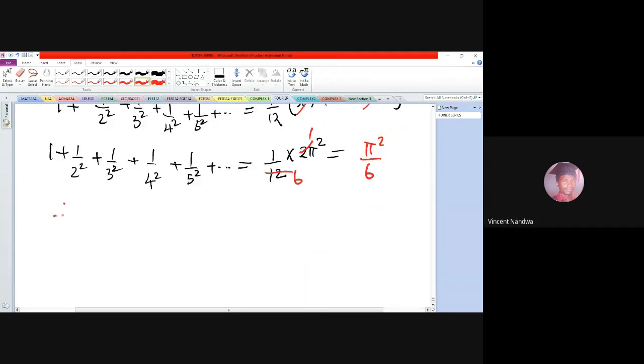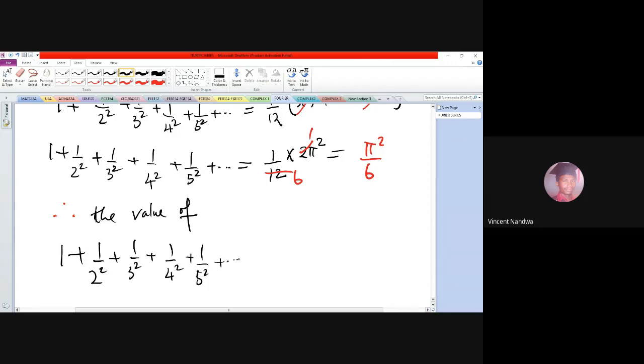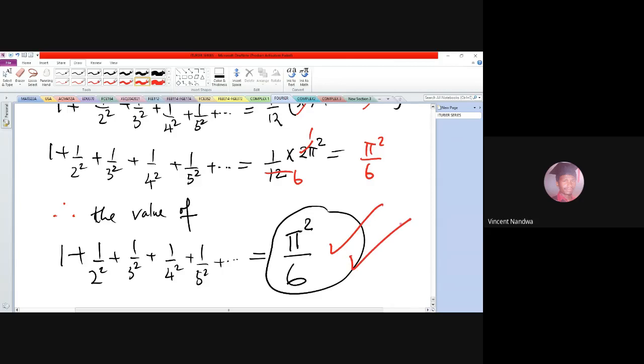So therefore, the value of 1 plus 1 over 2 squared plus 1 over 3 squared plus 1 over 4 squared plus 1 over 5 squared plus other terms is equal to pi squared over 6. So this was the required solution. This is the last step. Thank you.